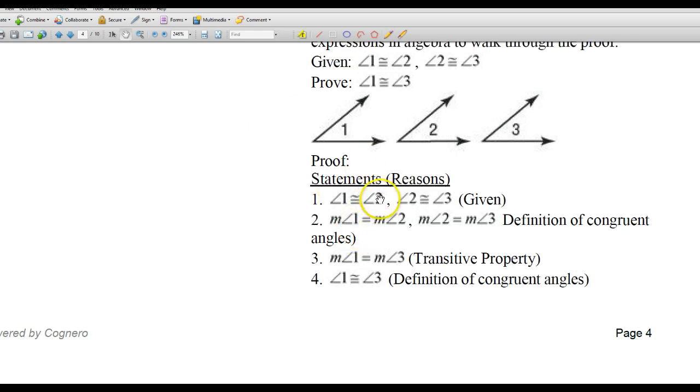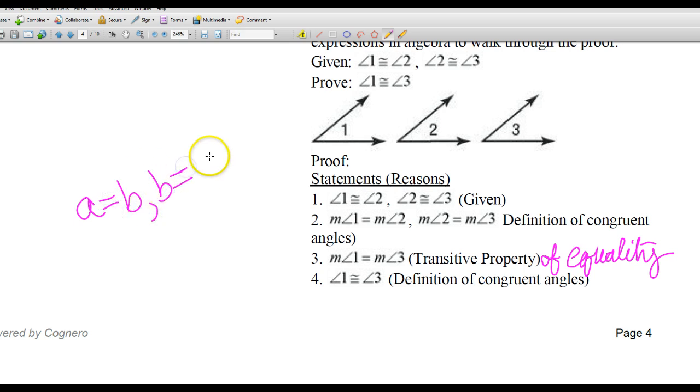From here, now we're going to use the transitive property, and this should say of equality. The transitive property of equality states that if A equals B and B equals C, then we can say that A equals C.